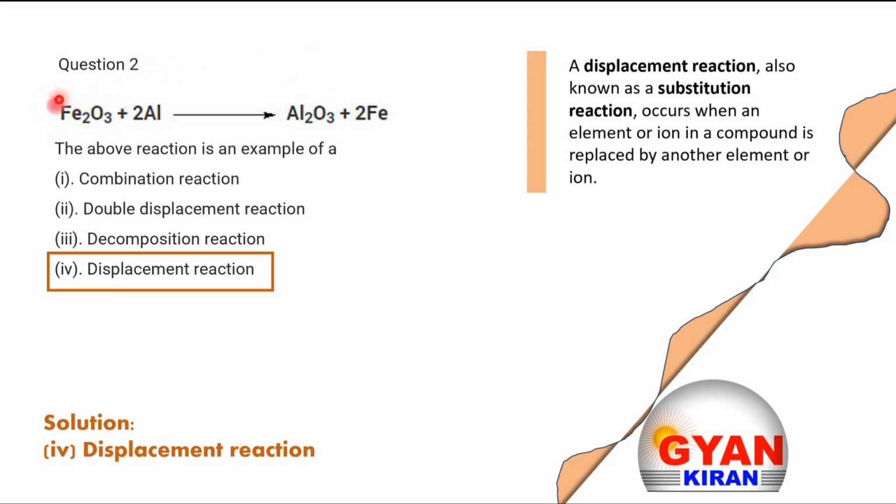Here the ferric oxide is a compound. From this compound iron is displaced, and hence this is an example of displacement reaction, and hence the solution is the fourth one, that is displacement reaction.